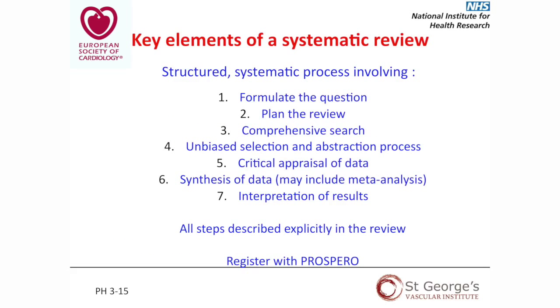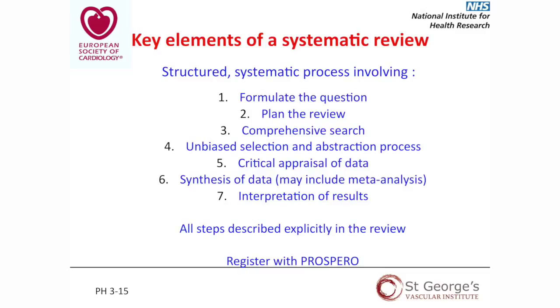So the key elements are to develop a structured and systematic process. We must formulate our question, as I said before, plan the review appropriately, undertake comprehensive searches, normally in collaboration with librarians who have specific interests in systematic review, and then perform unbiased selection and abstraction processes, critical appraisal of the data, synthesis where appropriate, and finally interpret the results.